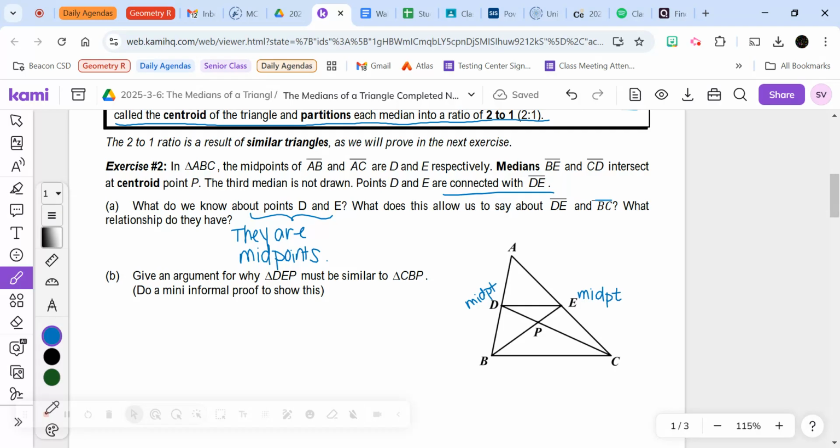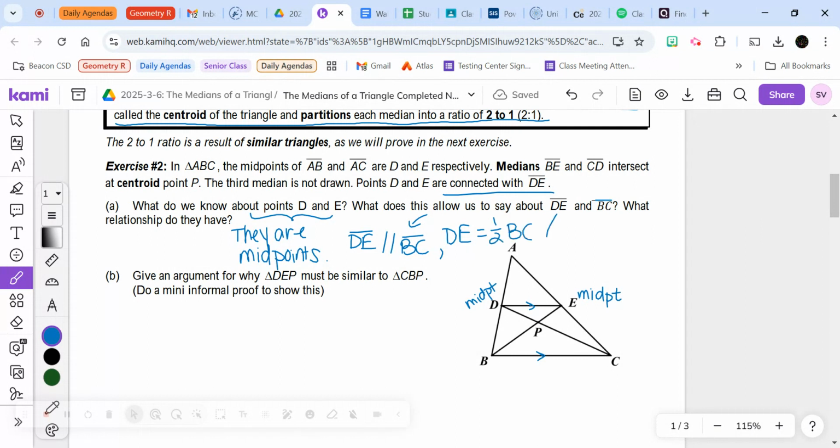So here, because we know that D and E are midpoints, this allows us to say that DE is parallel to BC. So I'm going to mark that. And we also know that DE is going to be half the measure of BC.